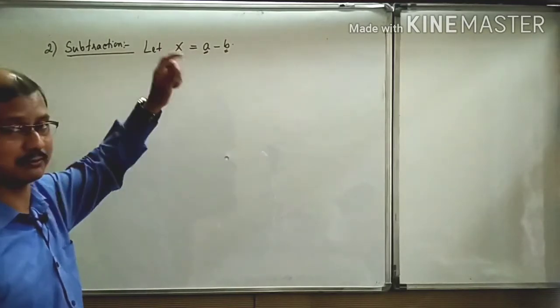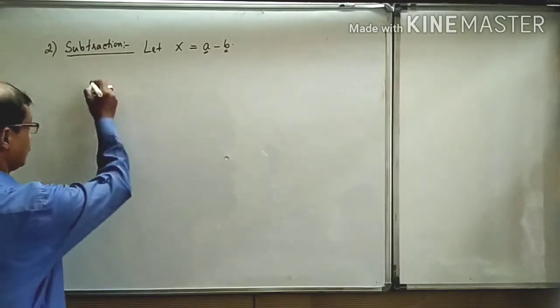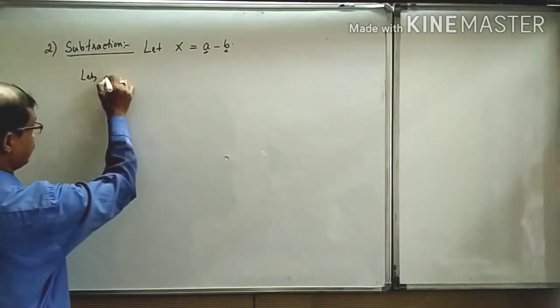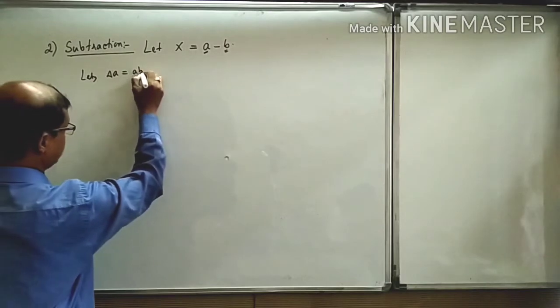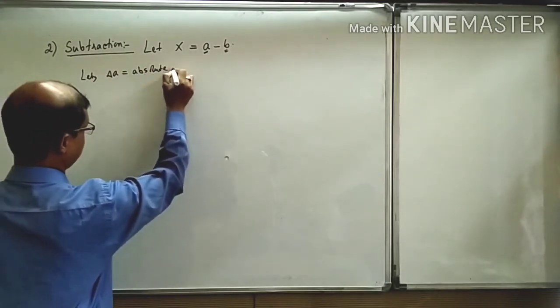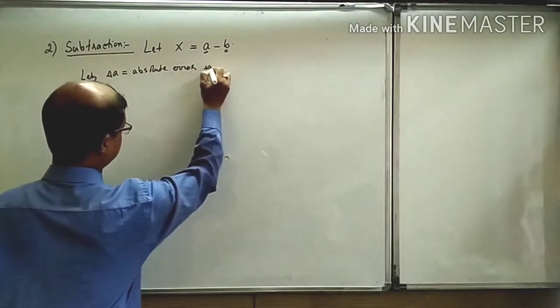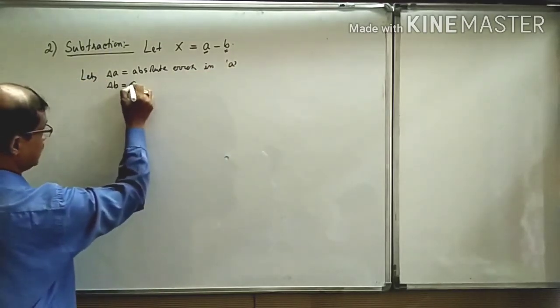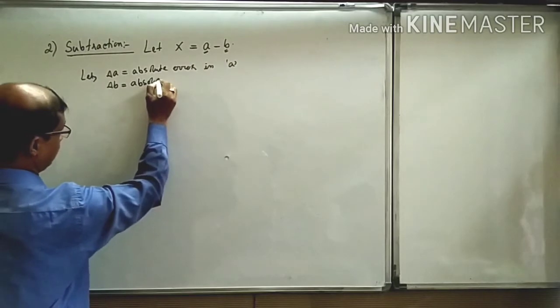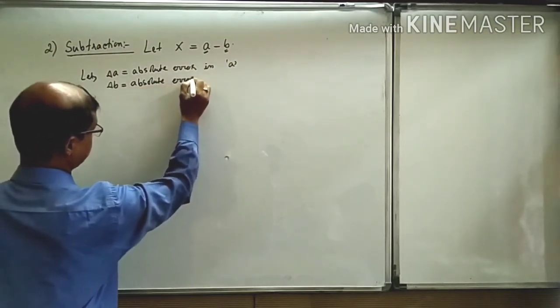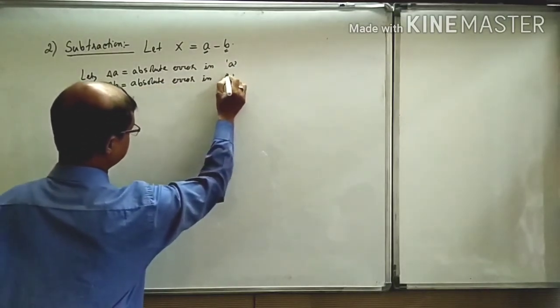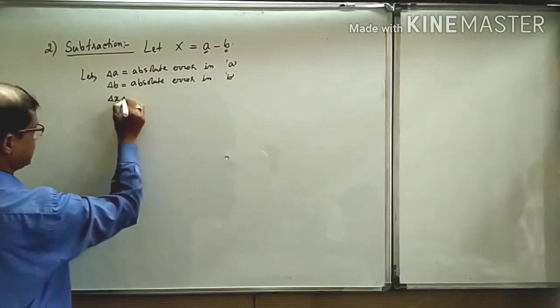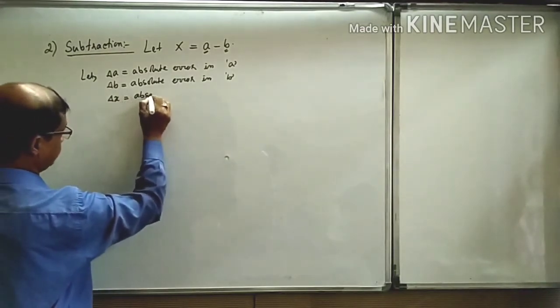So let del a be the absolute error in the measurement of a, del b the absolute error in the measurement of b, and del x the absolute error in the measurement of x.